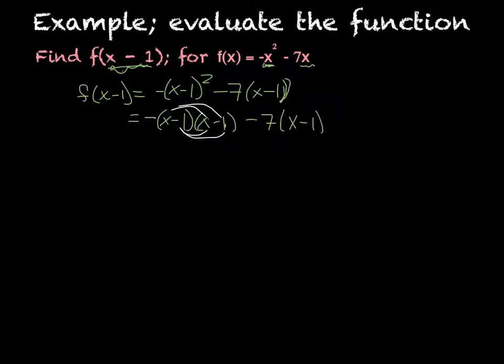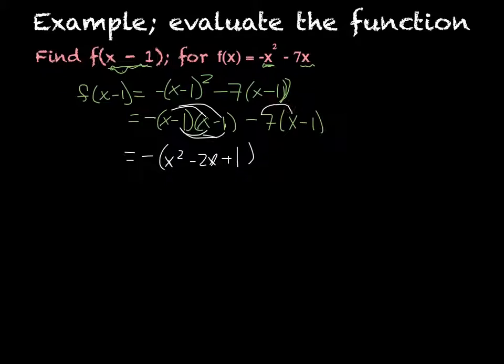So when I do that, what I get is negative x squared minus 2x plus 1. And that's just the FOILing part.